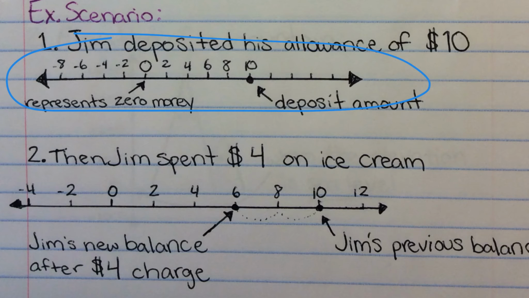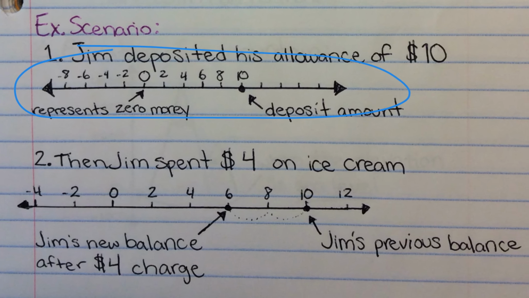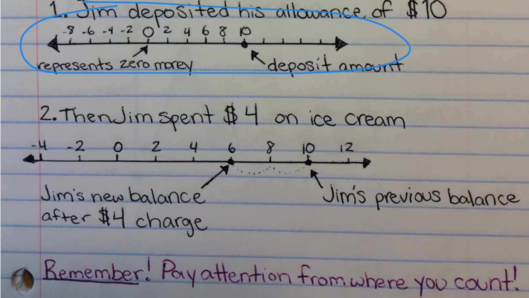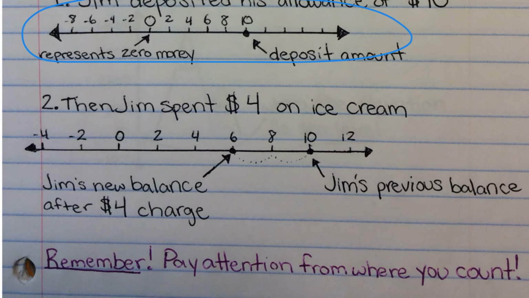Then, however, Jim's a real life guy and he likes real life stuff like ice cream, like everybody does, hopefully, unless you're lactose intolerant, in which case I'm very sorry for you. This is the exact same number line from example number 1, but instead we read here that Jim spent $4 on ice cream, so that is a debit or a charge. And we don't start back at 0 like we did that first time.